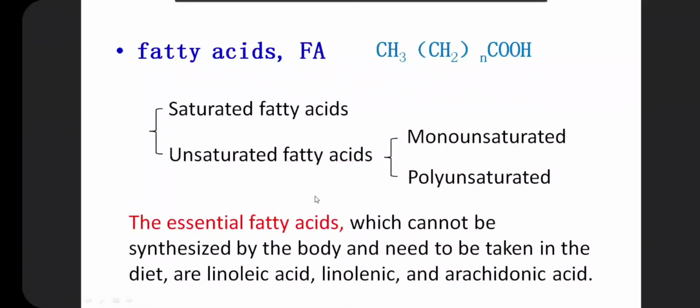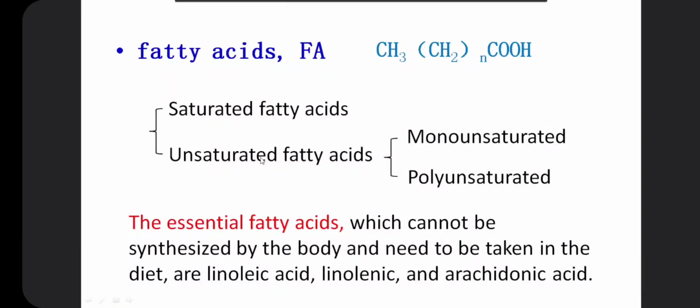The fatty acids of the triglyceride can be divided into saturated fatty acids and unsaturated fatty acids, which depends on the number of double bonds in the fatty acid chain. Saturated fatty acids have no double bonds in the chain and are mainly derived from animal sources.